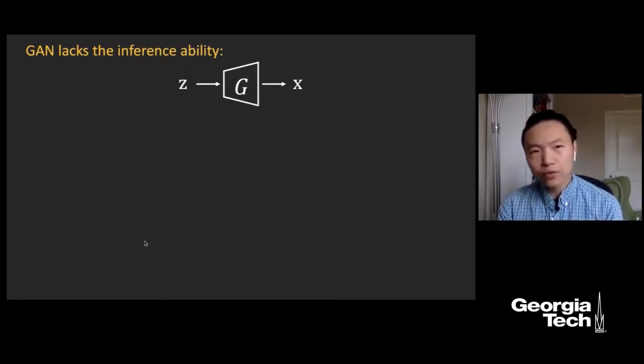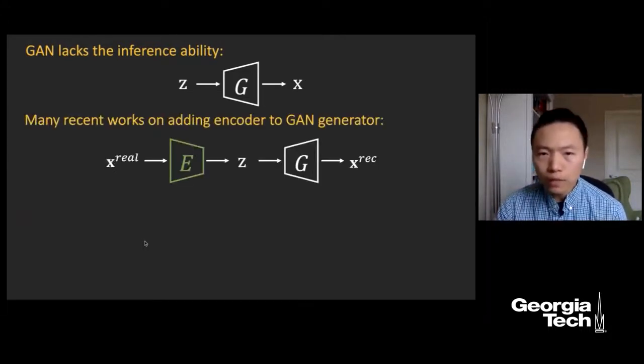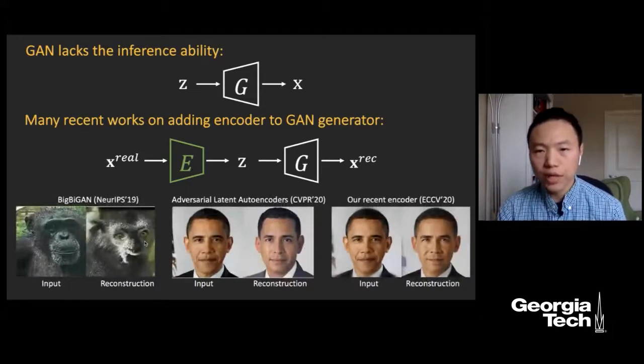For GAN inversion, the fundamental issue is that the GAN itself lacks this inference ability. In VAE, they have an encoder, but for GAN, there is no encoder. So over the years, people have tried to add an encoder to the GAN generator. Take this pre-trained generator and train some encoder. There is a lot of previous work doing similar things, like BigBiGAN.